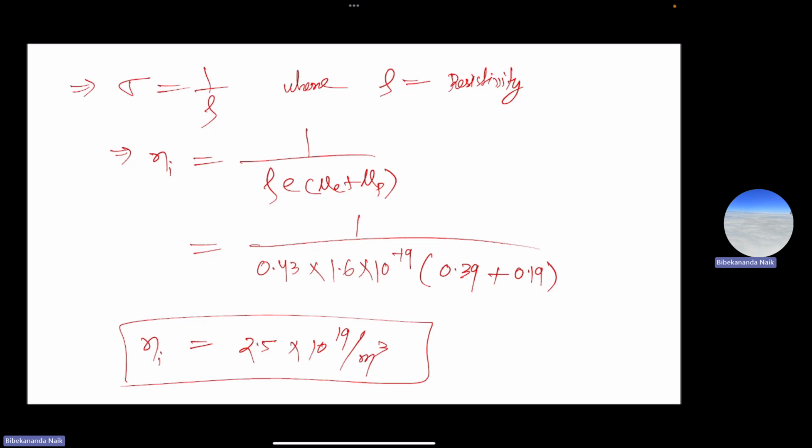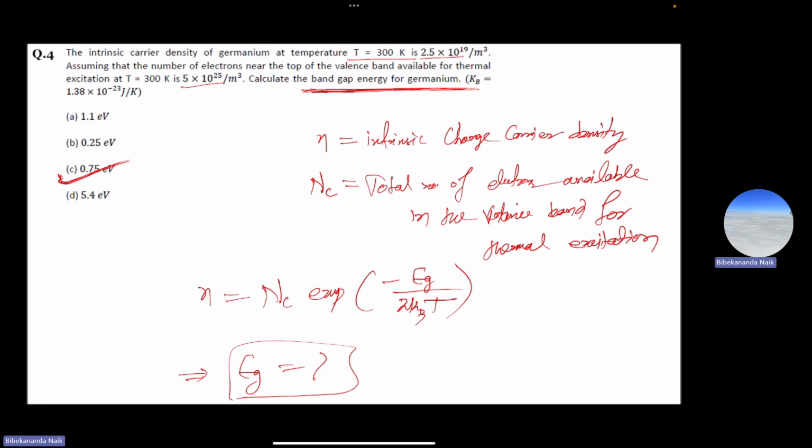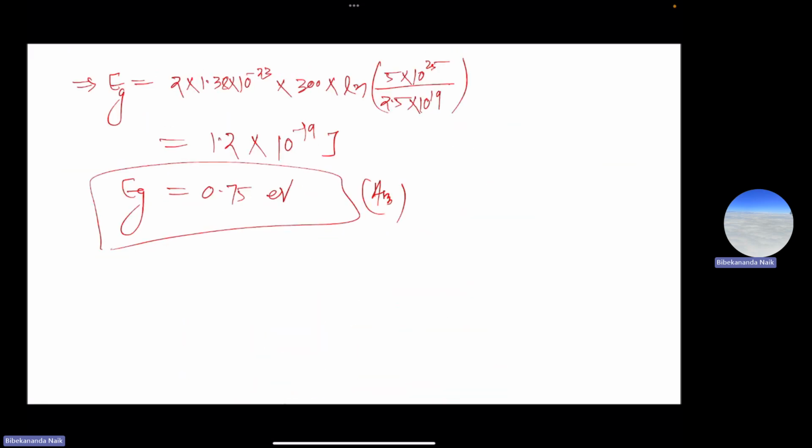At room temperature the ratio is only 10 to the power minus 6, but at 100 Kelvin, around minus 170 degrees Celsius, the ratio is quite low, 10 to the power minus 18, in comparison to the total number of electrons available.